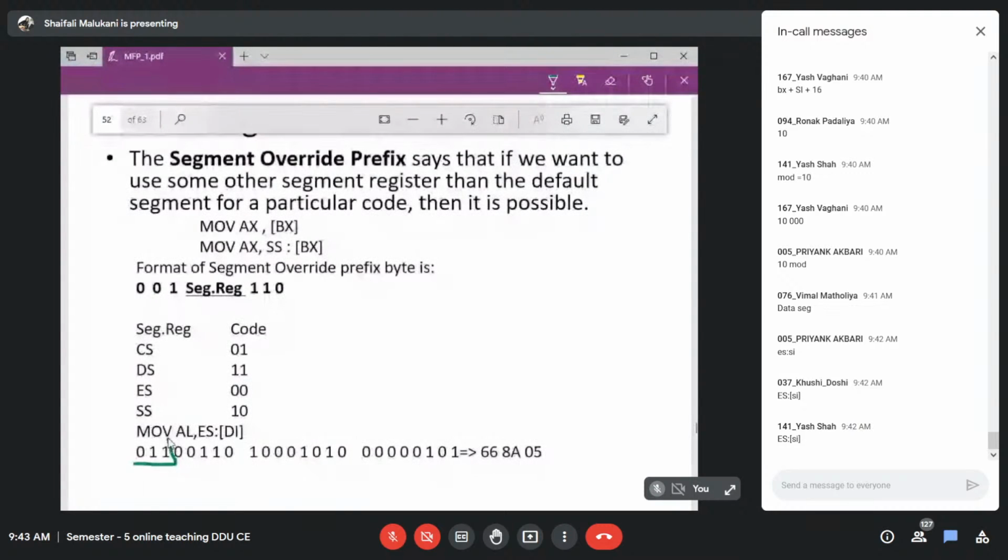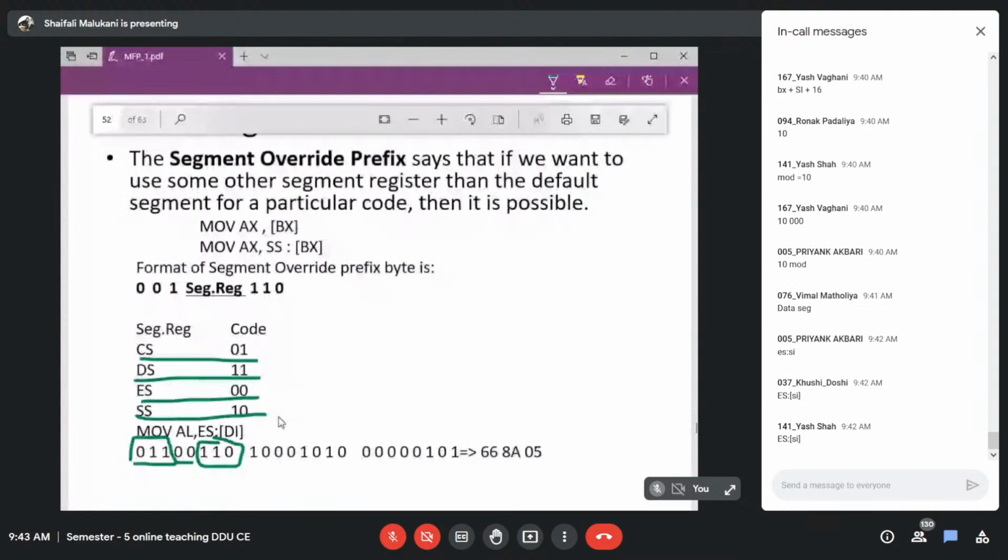The first value of that byte and the last value of this byte are fixed. These two bits specify the segment: if it is 00, that means ES. If it is 11, that is DS. If 01, then it is CS, and so on. If 10, then it is SS.